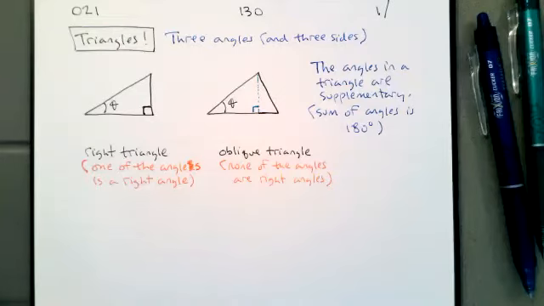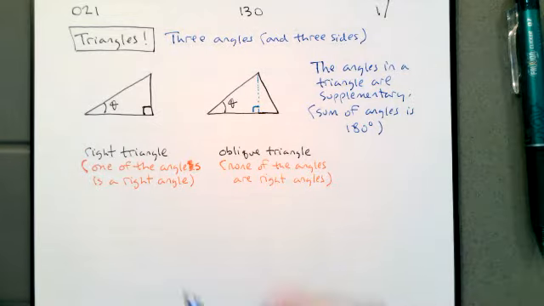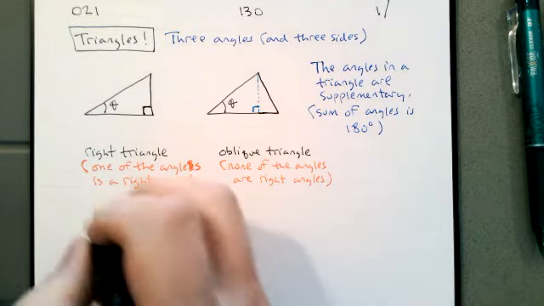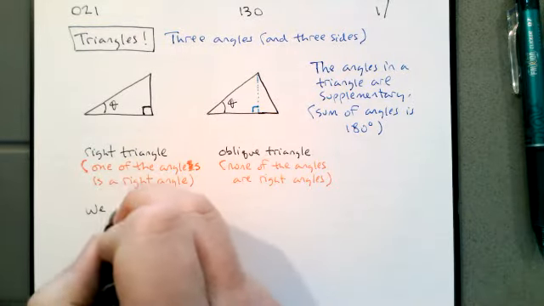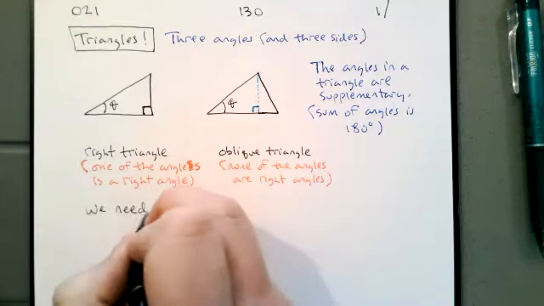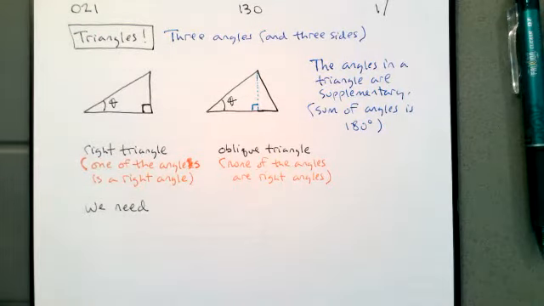Today, we're going to specifically look at right triangles. Right triangles have one angle that is a right angle. And in particular, we want to establish a relationship between the sides of a triangle and the angles in a triangle. Well, let's just state what we need.